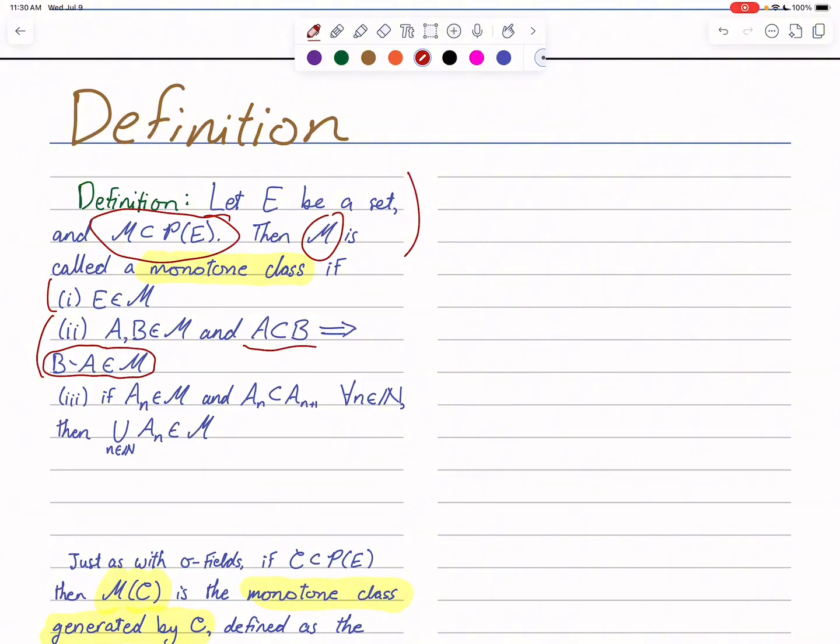So a kind of weakening of the complement law. And then also a weakening of the union law. So this time, if you have a countable collection in your class, and if they form an increasing chain, then their union is in the class.